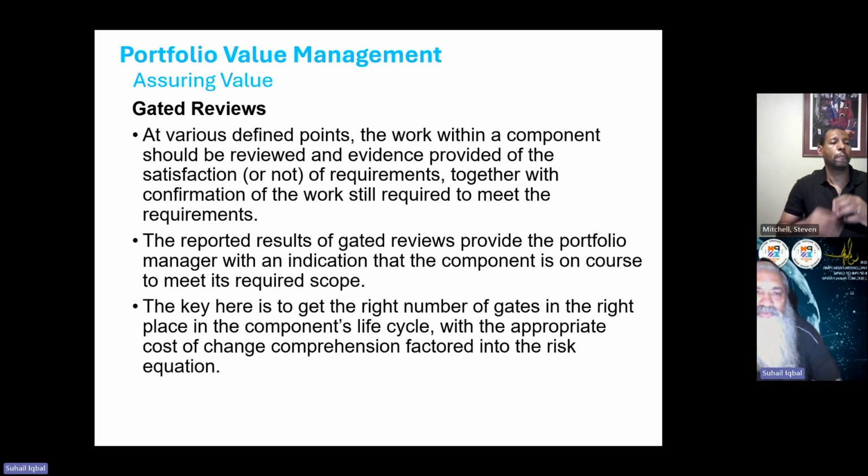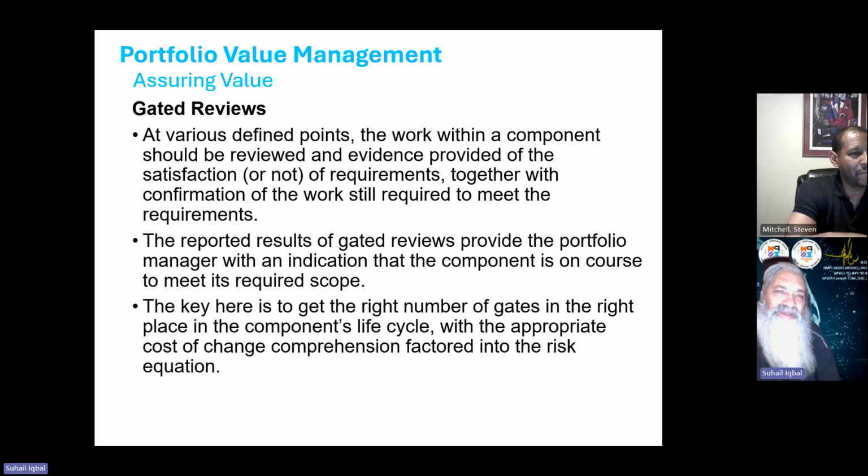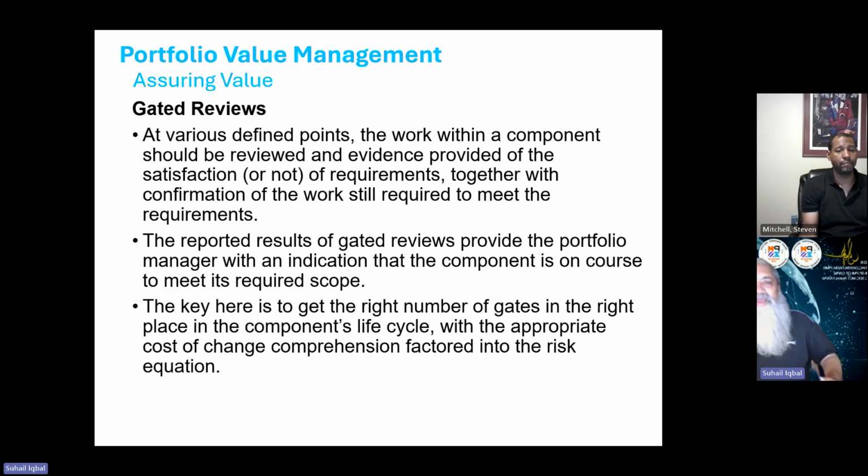If they have become too bureaucratic, they don't let anyone pass. What does that mean? That they are stopping value from generating. So, right use of the gated reviews can ensure that the value gets generated and it is not stopped anywhere.